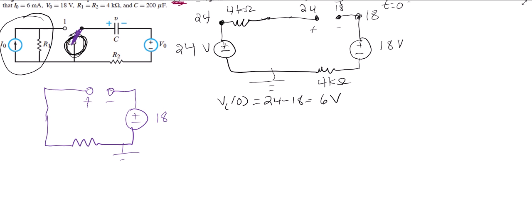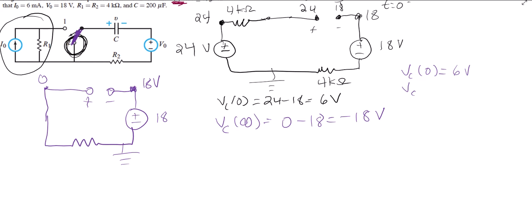If I make this ground, up above this 18 volt voltage source would be 18 volts, and over on this side would be 0 volts. To find the voltage, you take the plus minus the minus, so that's 0 minus 18 equals minus 18 volts. So Vc of 0 was 6 volts, and Vc at infinity is minus 18 volts.